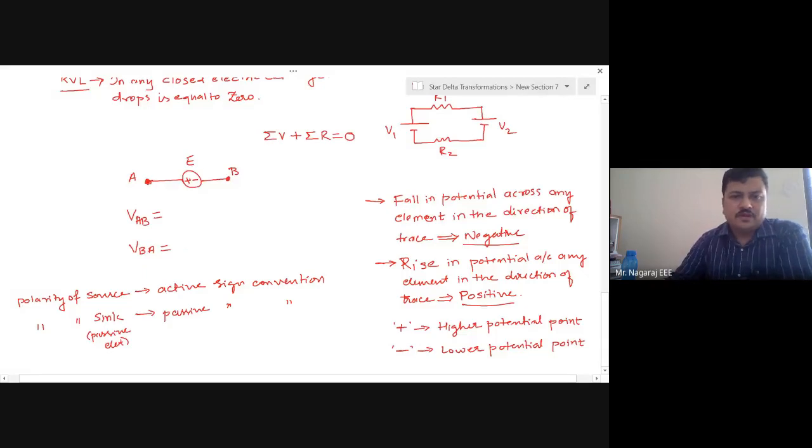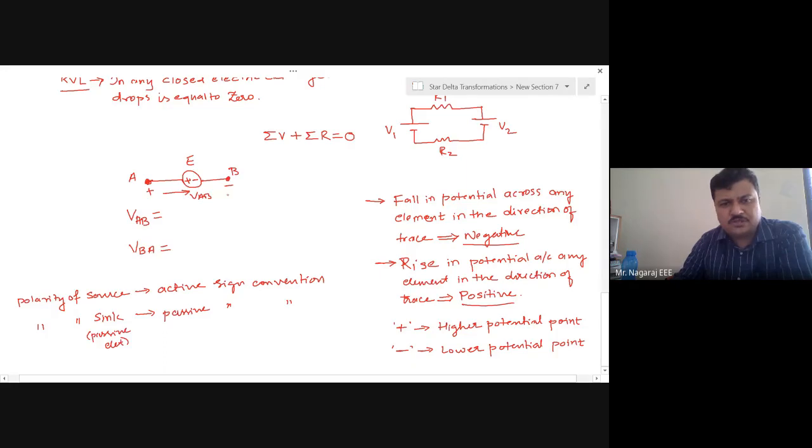Now you observe terminal A is at positive potential, terminal B is at negative potential. It means terminal A is at higher potential, terminal B is at lower potential. To get VAB, I am tracing the circuit from A to B, so I am moving from a higher potential point to a lower potential point.